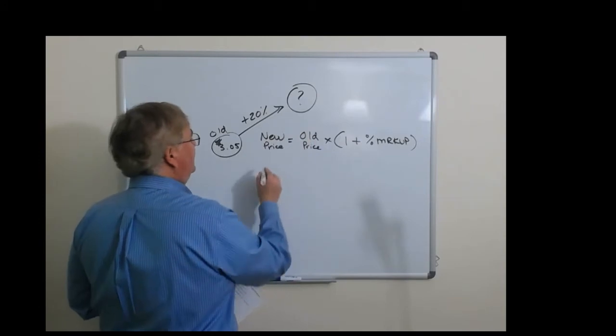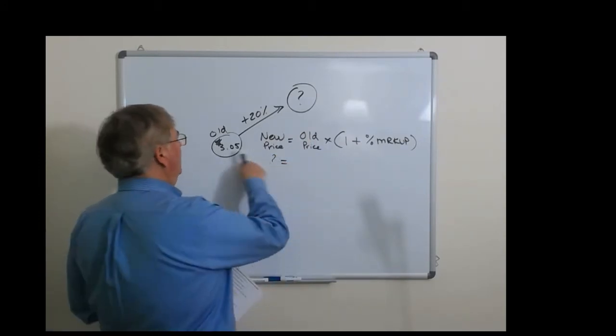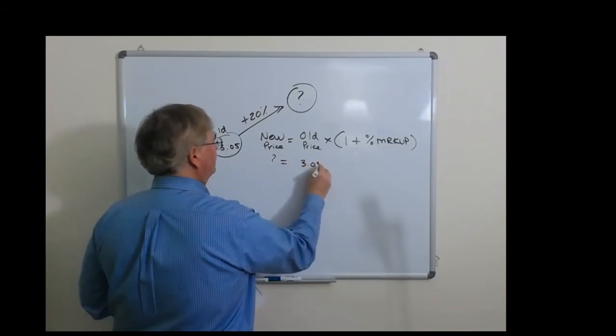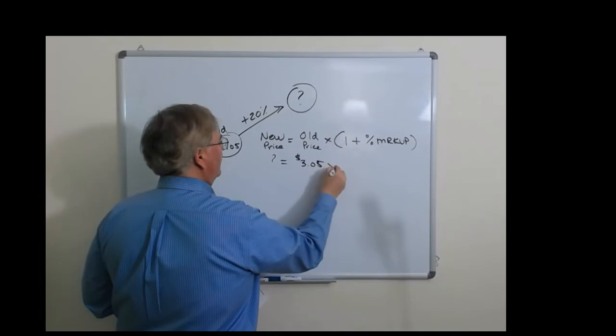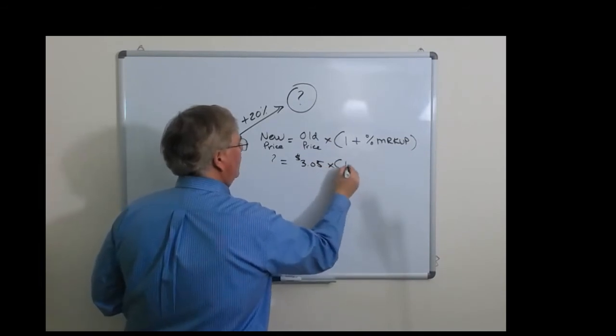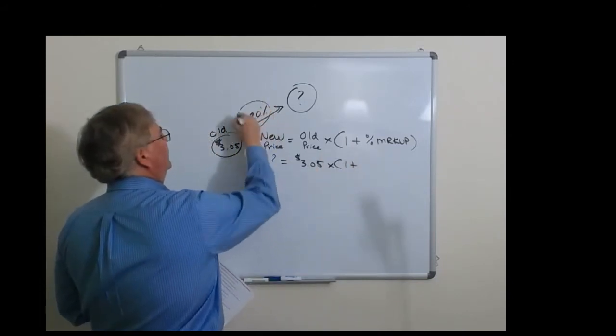So we don't know what the new price is. That's still a question mark. But we do know what the old price is. Multiply that by 1 plus the percentage markup, which is 20%.